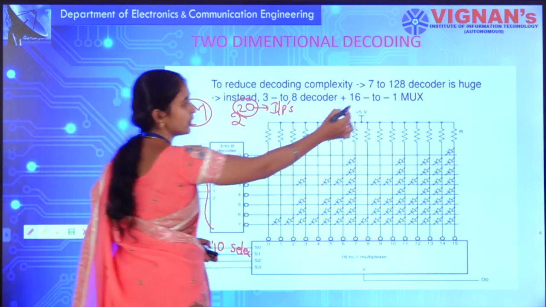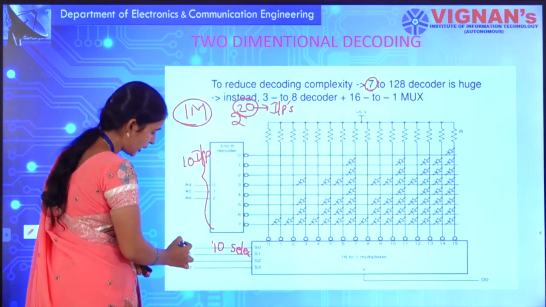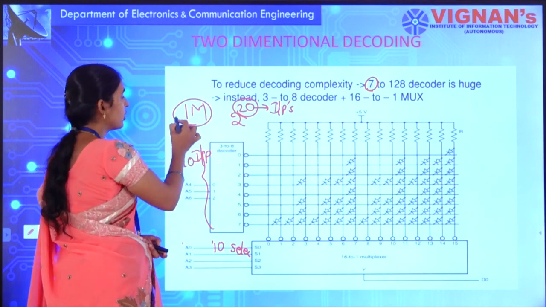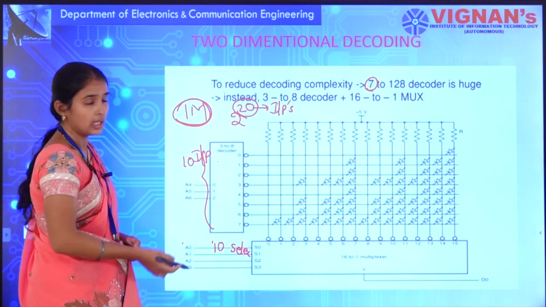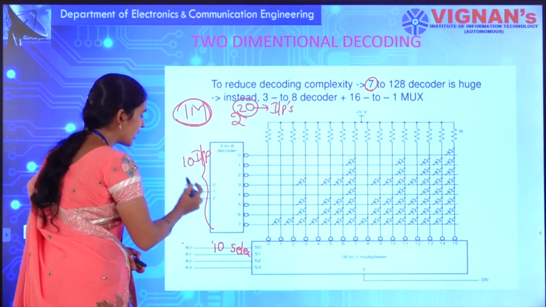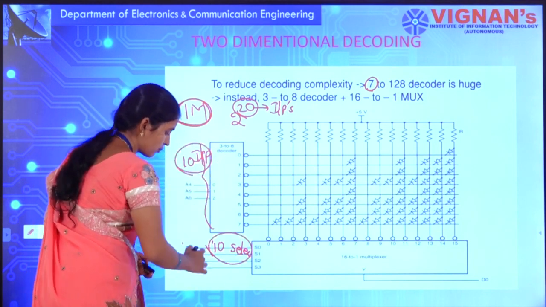In the same way as we did here, where 7 inputs were divided, if I want to design a 1 megabit ROM, I will have 10 input lines to the decoder as well as a 10 bit selection line to the multiplexer.